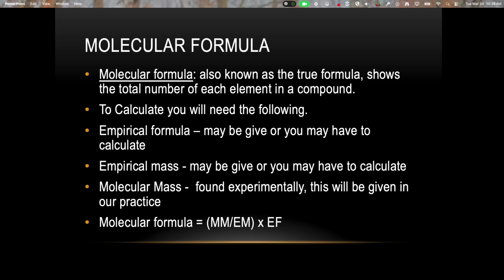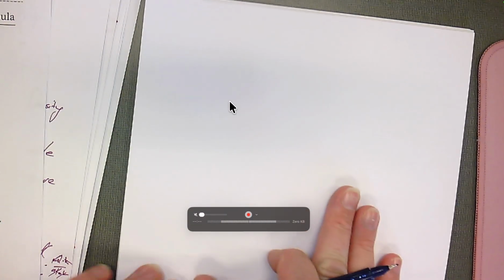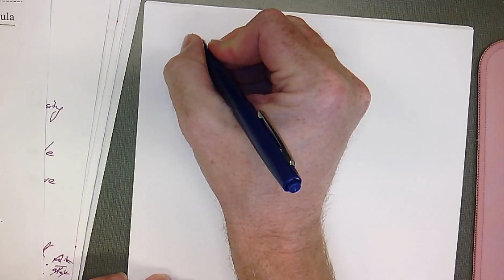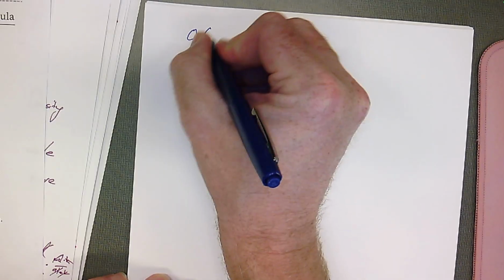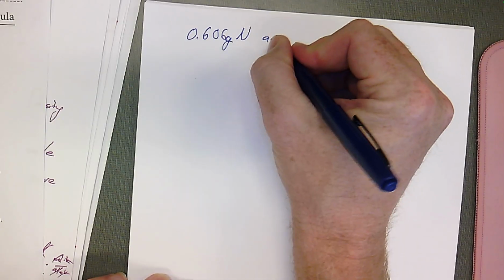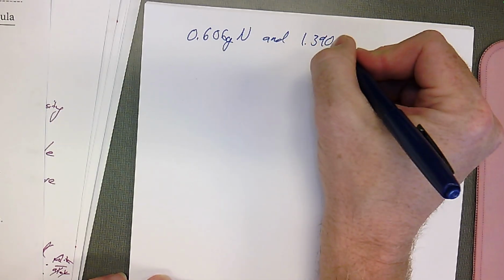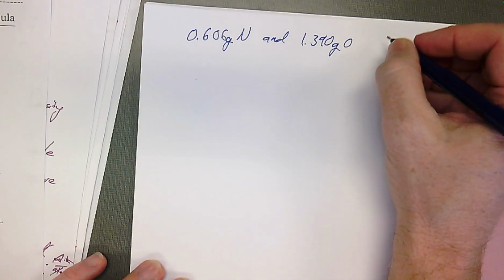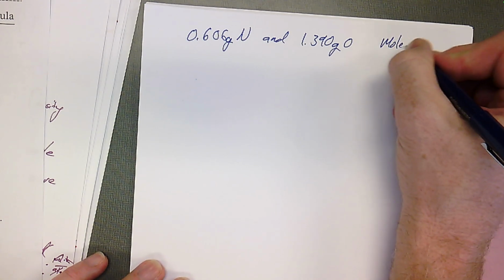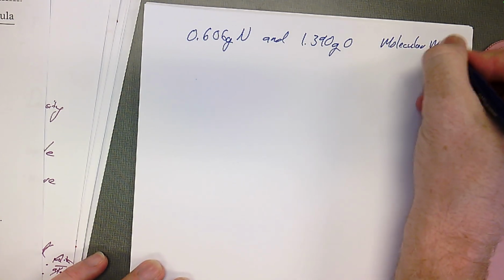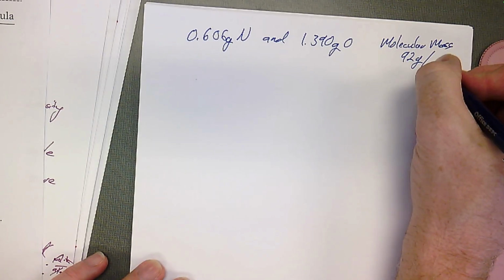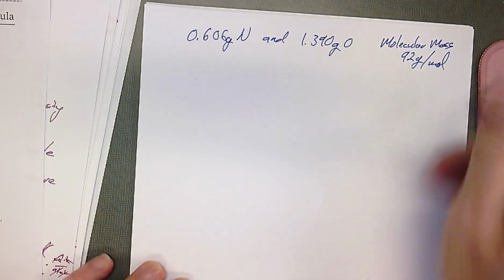Okay, you guys ready to do an example? Yes. Okay, so first of all, they tell us in an experiment, we find out that a compound is 0.606 grams of nitrogen and 1.390 grams of O. It is also determined to have a molecular mass of 92 grams per mole, for the whole molecule.